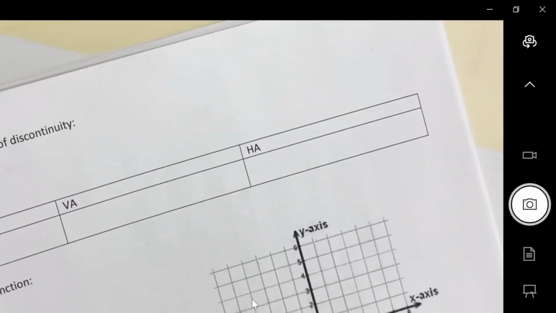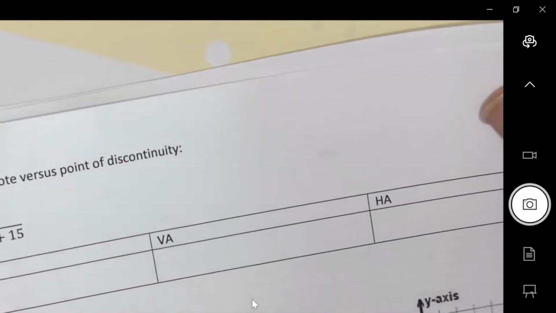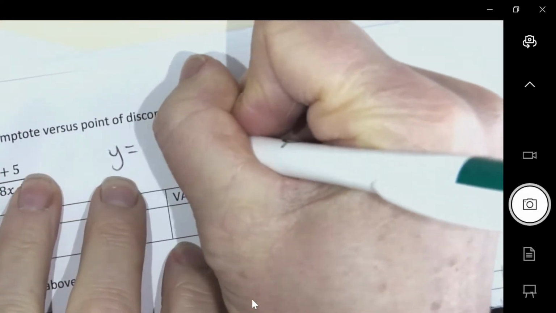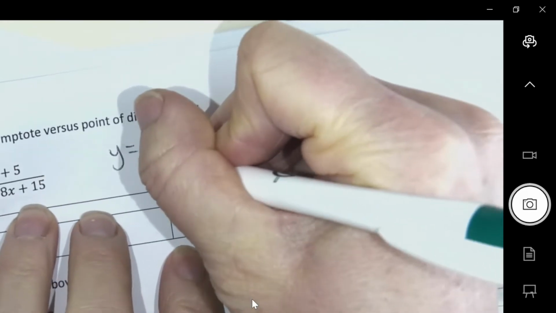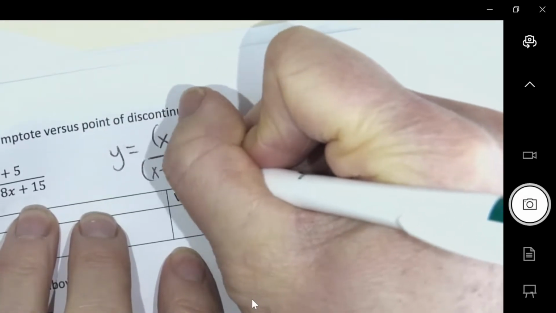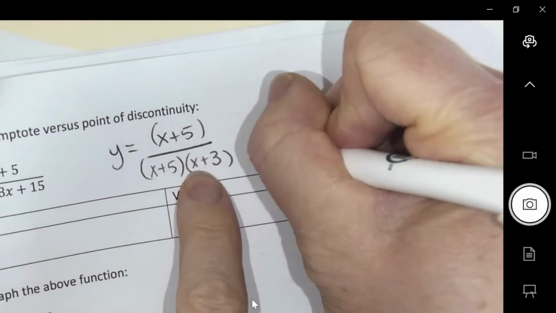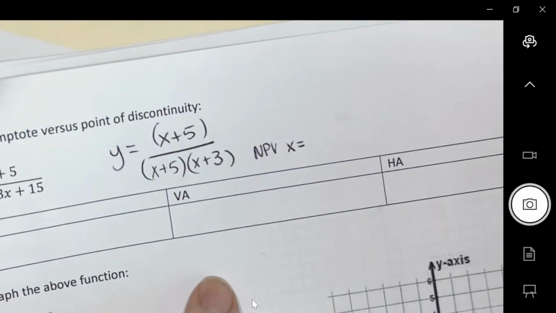Okay, let's see how we do it. I'm going to factor the bottom here. Now, what are the x values that I don't ever want?